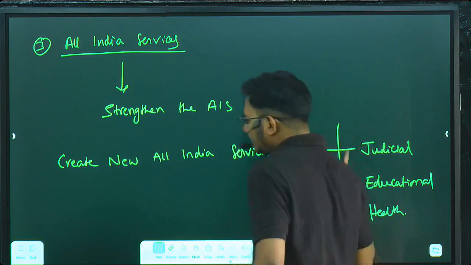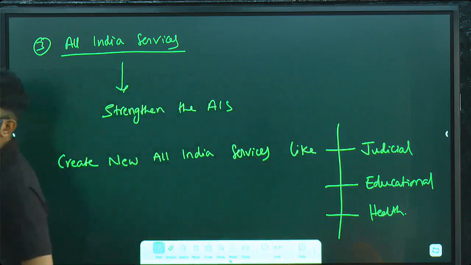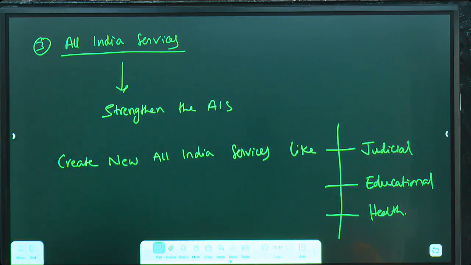So it has given some examples as well. Okay, everything is going well with the all India services, so no need to change anything. If possible, strengthen them, give more powers, and create new all India services like judicial service, educational service, and health service.